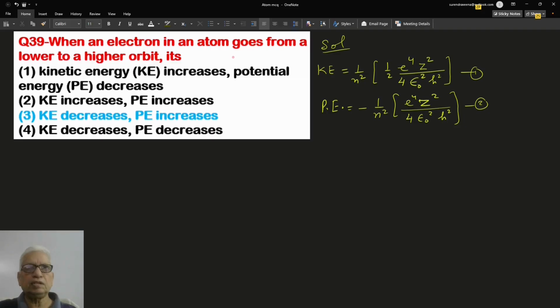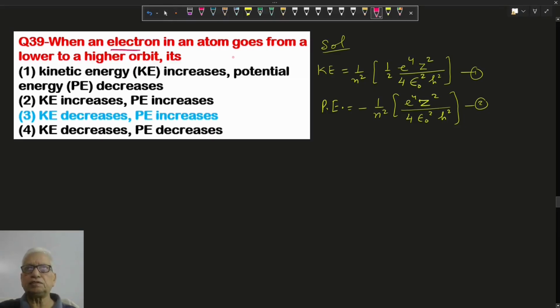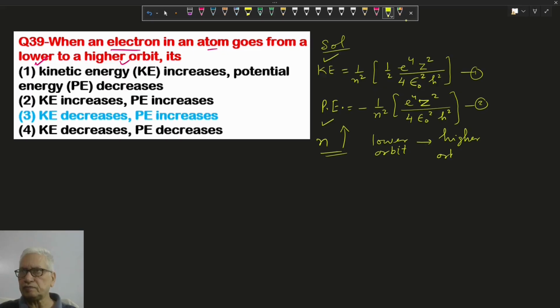In this question, when an electron is jumping from lower to higher, it is absorbing energy. Now we know the formulas of kinetic energy and potential energy given by equations 1 and 2. If n increases, that is lower orbit to higher orbit, then kinetic energy decreases.